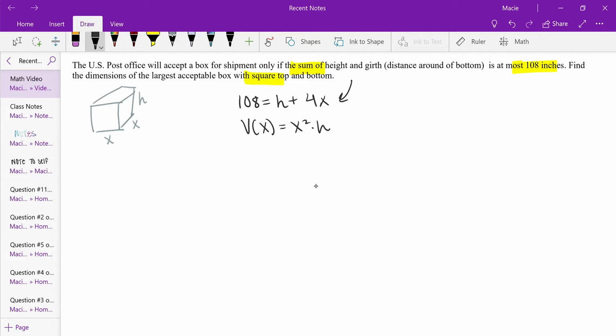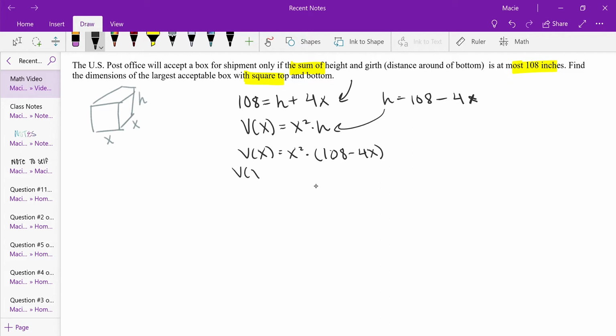So we set h equal to 108 minus 4x. Now that we have that equation, we plug it in for h down here, so volume equals x squared times 108 minus 4x.